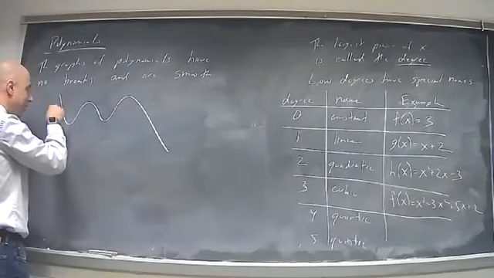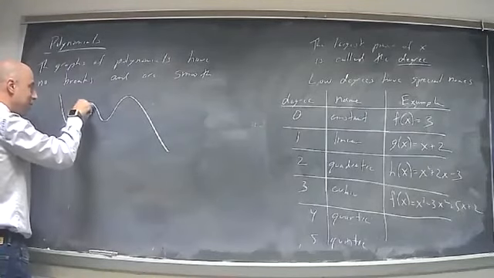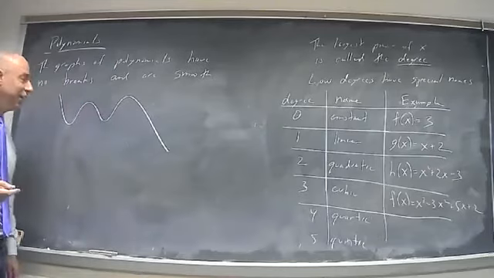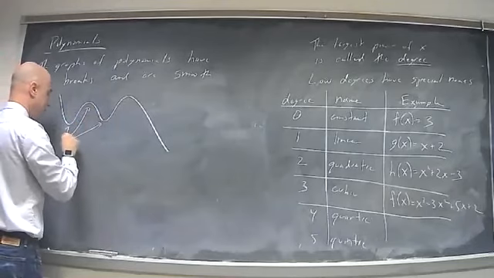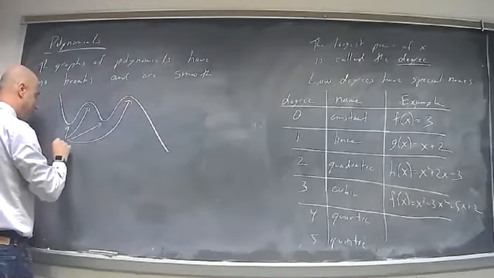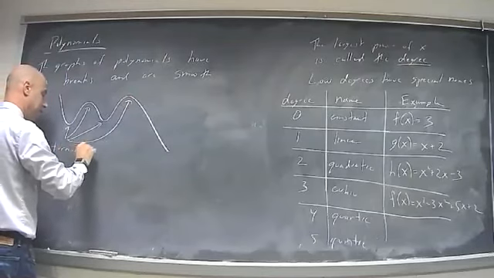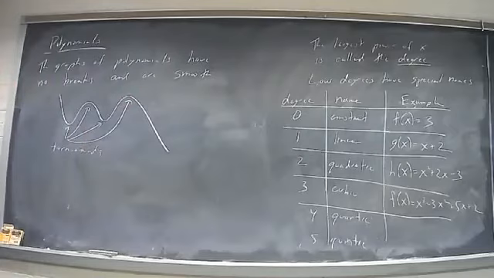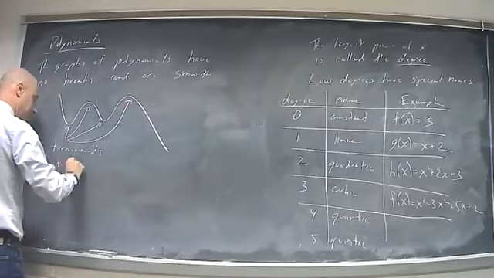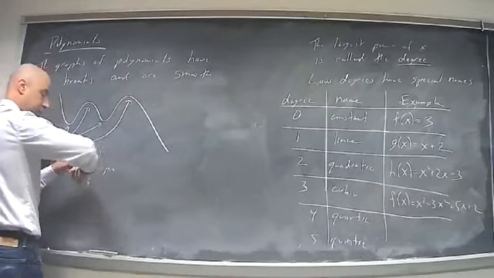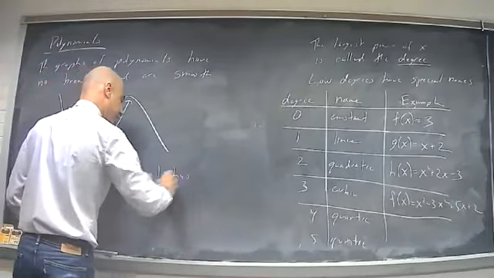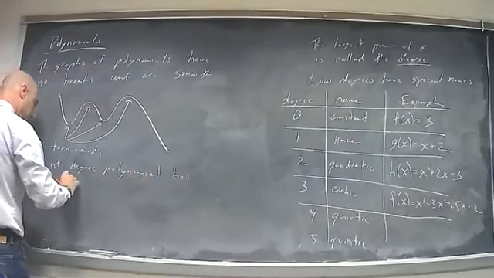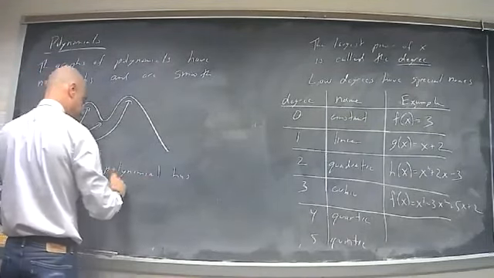These points where you stop going down and start going up, or start going up and start going down, in your pre-calculus class, you might have called these turnarounds. We're going to have another name for them this semester. I'll just call them turnarounds for now. An nth degree polynomial has at most n minus 1 turnarounds.